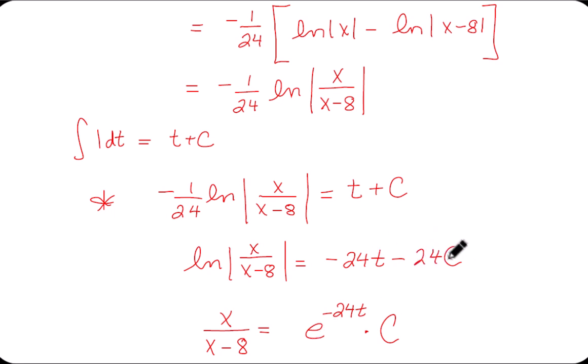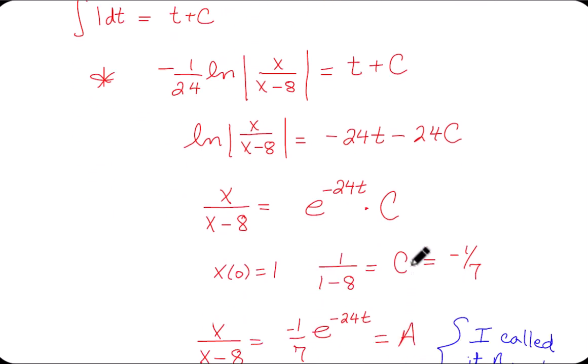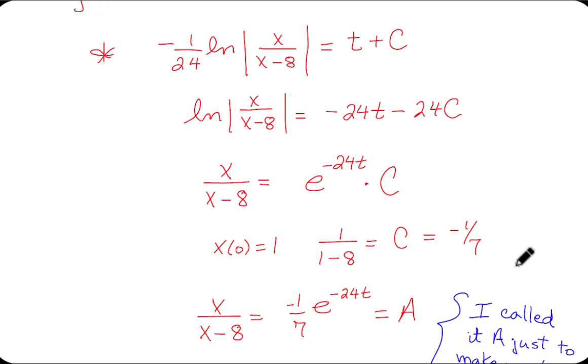And e of all this junk we just call C again. All right, so what do I have? I know at time 0, we were at 1. All right, so 1, 1, 0. So C is minus 1/7.